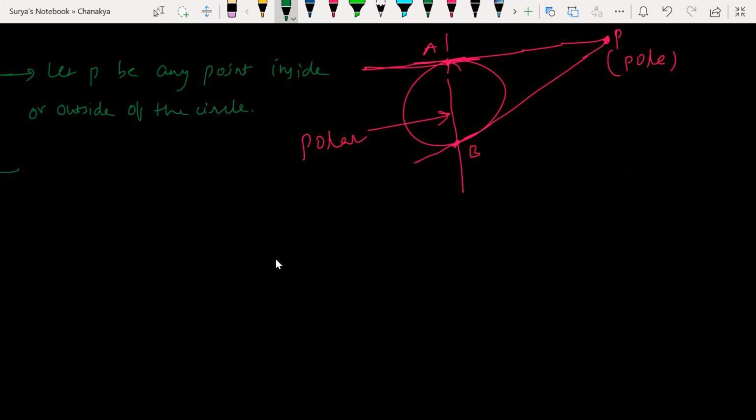Look, draw any chords AB and A dash B dash passing through the pole P. Look at this.